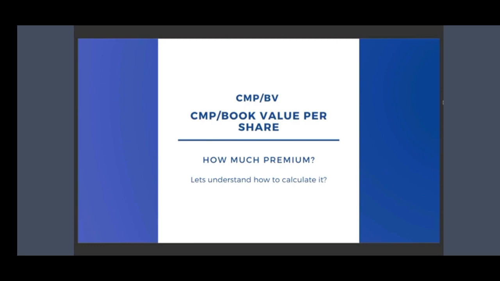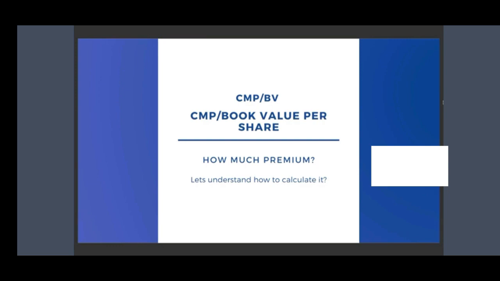Let's say book value has not changed, but the share price has changed, and this is now 1200 rupees after, let's say, 10 days. So you are paying 3 times the book value, and this is something which you always want to see: how much premium, how much more money I am giving to buy this share than their actual net worth. Yes, actual net worth I'm talking about.